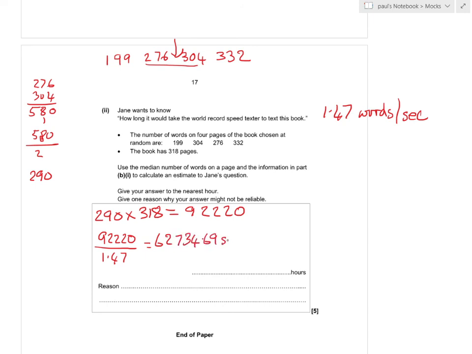Equals 62734.69 seconds. Now I'm going to divide that by 60, which gives me 1045.5 minutes, and then divide by 60 again to find hours, because they want it in hours.